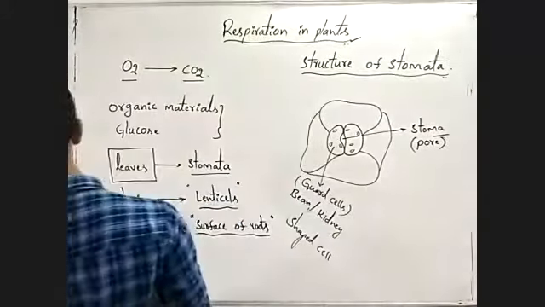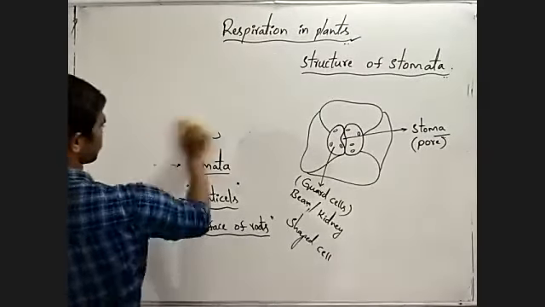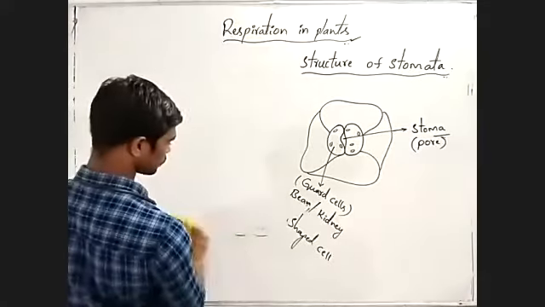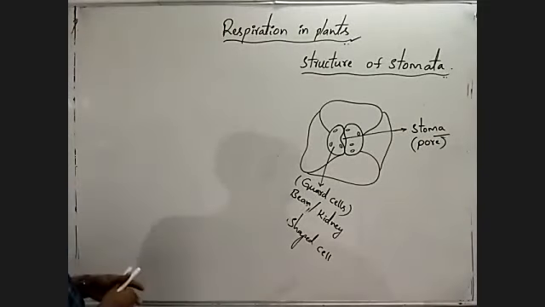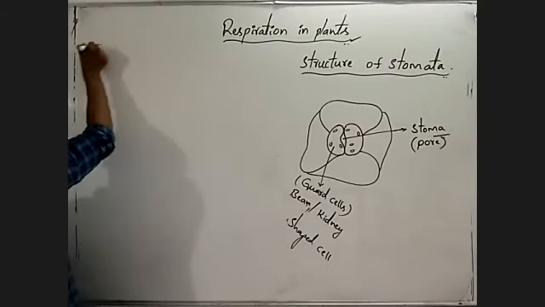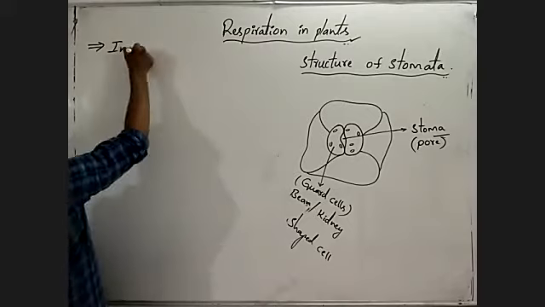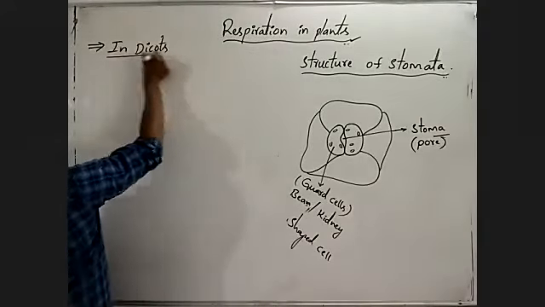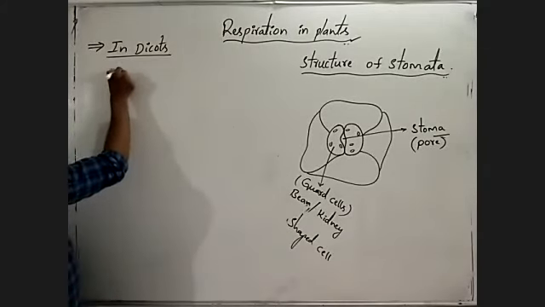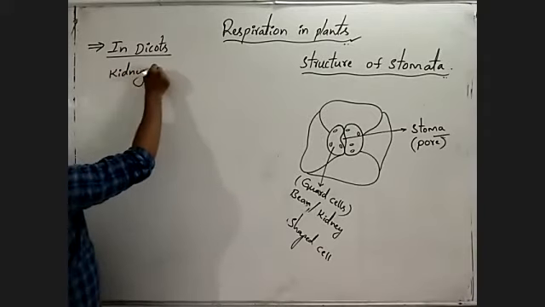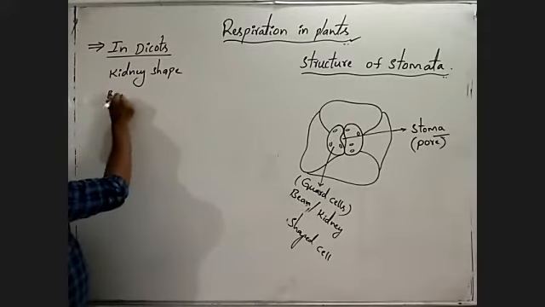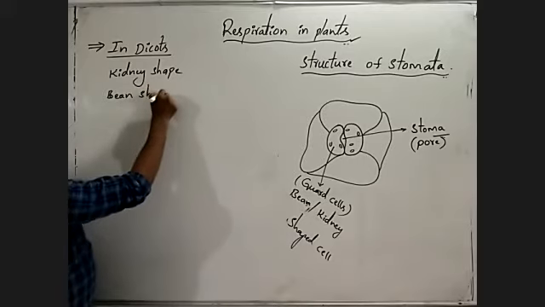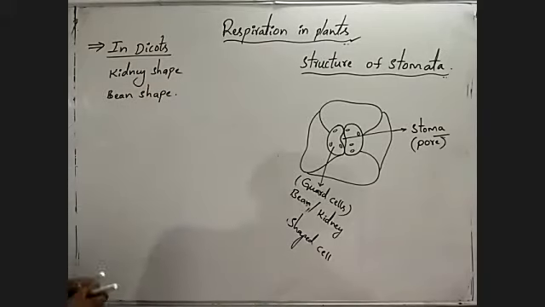Here, when we observe the shape of the guard cells, in dicot, the shape is usually kidney shape or bean shape.